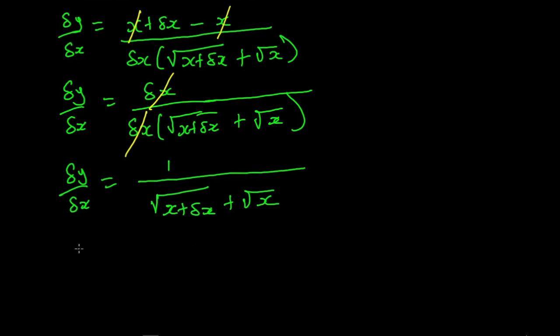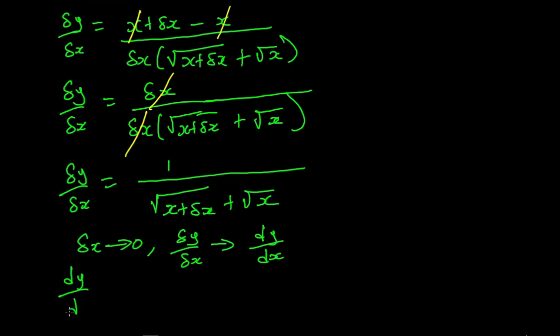Now, as delta x approaches 0, delta y over delta x approaches dy over dx. In that case, this is going to turn to dy over dx. Therefore, we are going to have 1 over the square root of x plus delta x, where delta x is going to become 0, plus the square root of x.